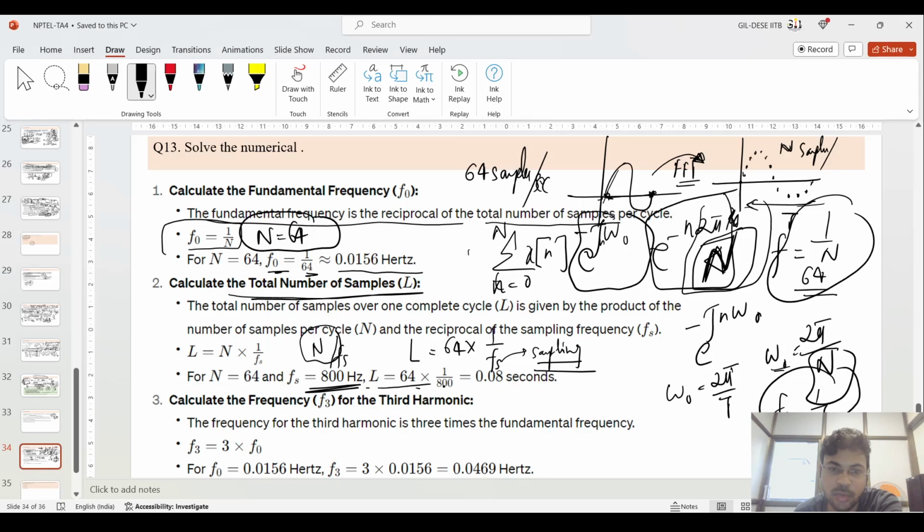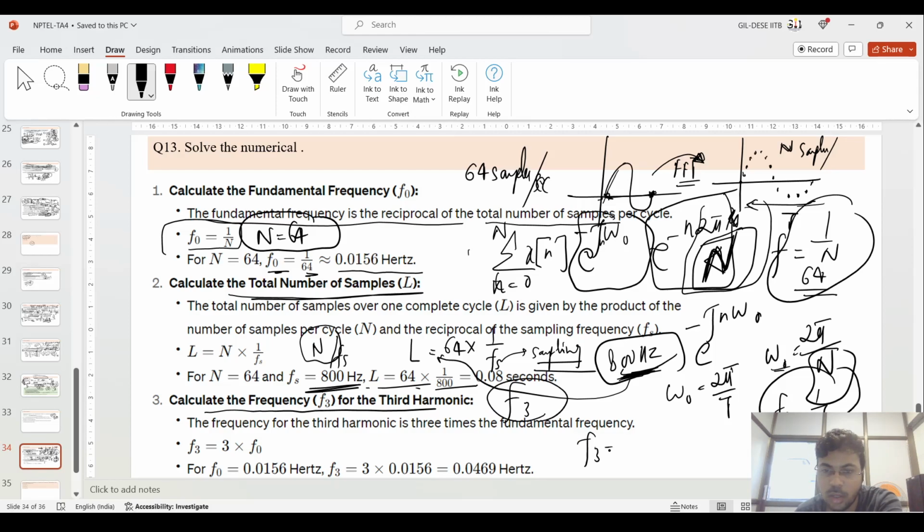Here, if you are sampling with 800 Hz, it means that the length of samples will be 64 divided by 800, because you are sampling in this question at 800 hertz. At this sampling frequency, you will get the total length as 64 multiplied by 1 upon fs.